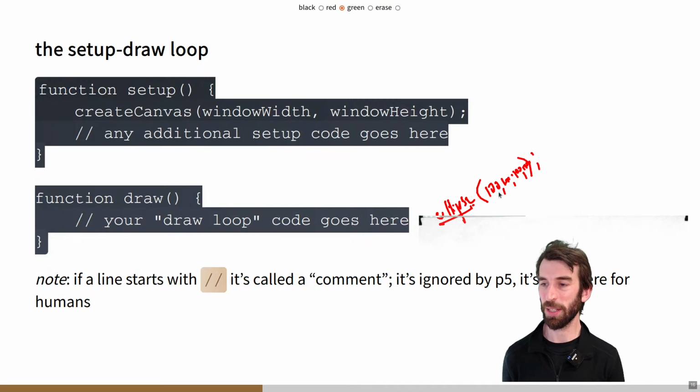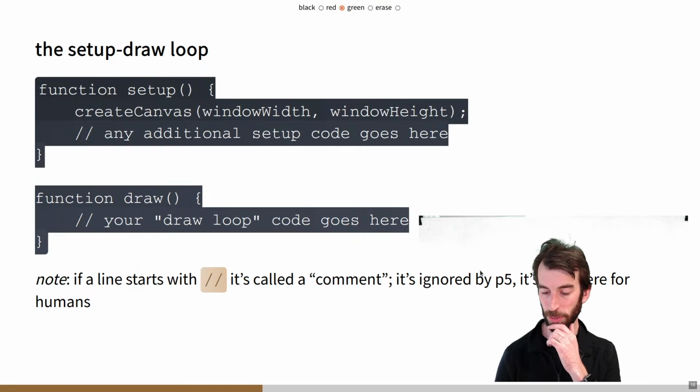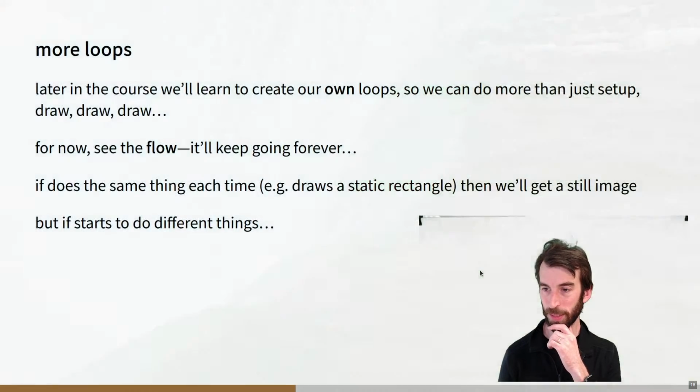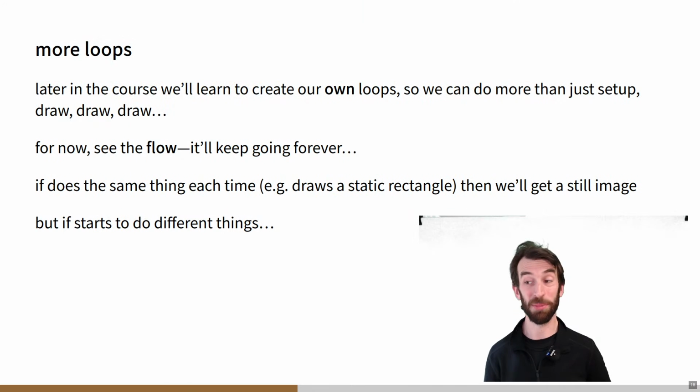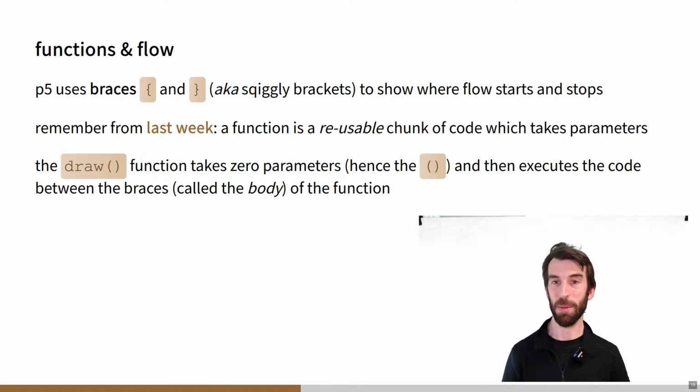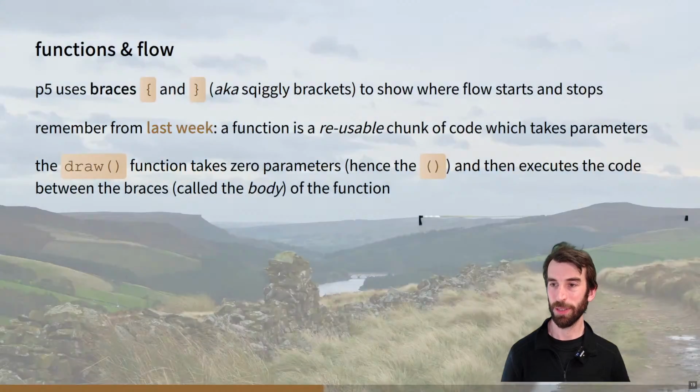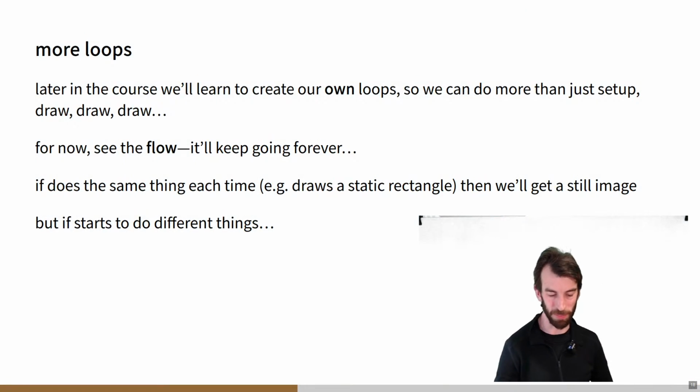But what if these numbers changed as your draw loop was executing? Then we'll start to get something which is not static, but dynamic. I'll give you a little demo of some dynamic code in a little bit.